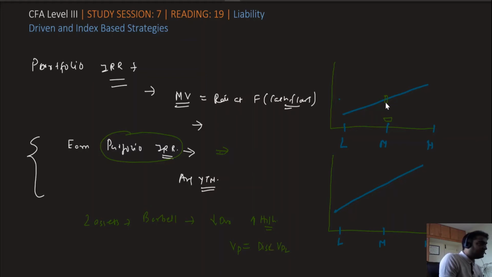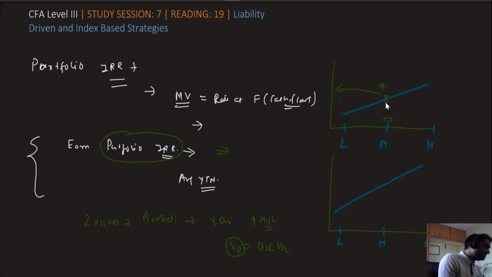If the liability is materializing here, you bring it to 0, and make sure the initial value of the portfolio equals the discounted present value of the liability.